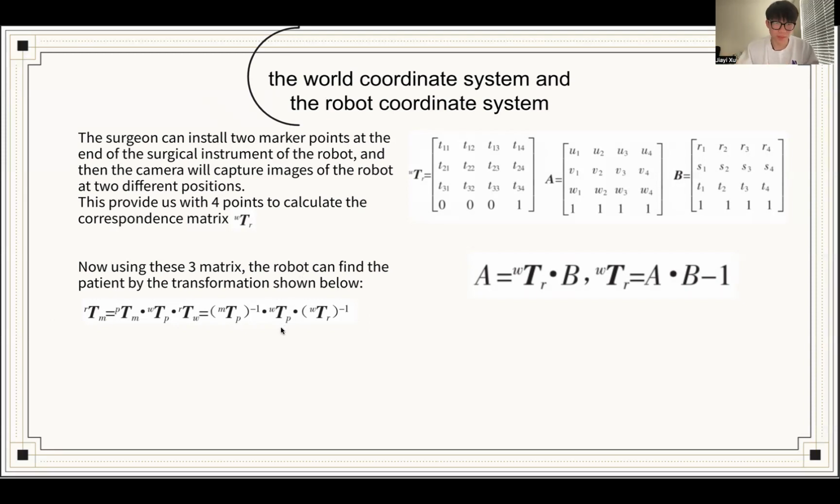This is the patient 3D model correspondence here, and this is everything we have calculated. Now the robot can find where our patient is, and perform the surgery.